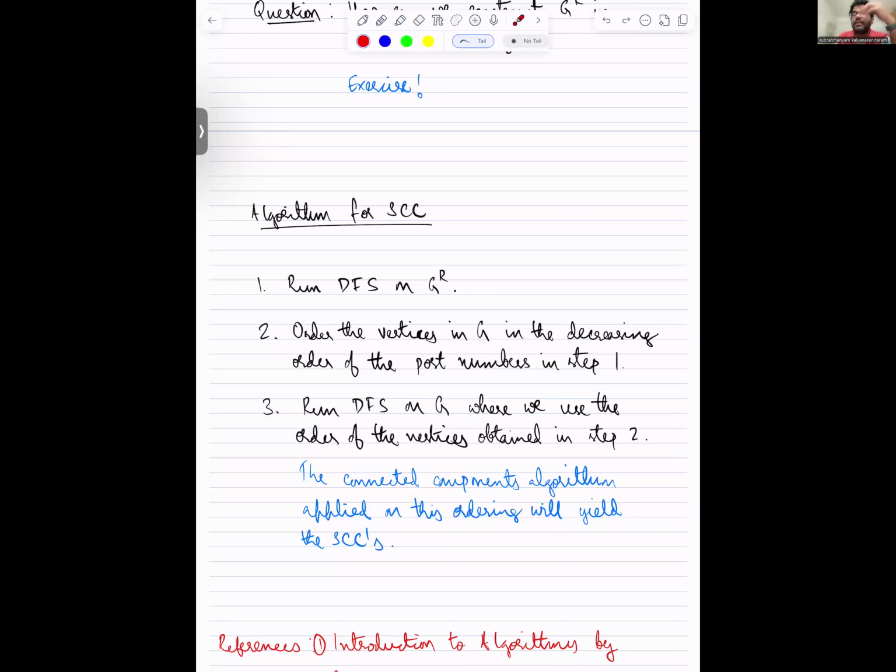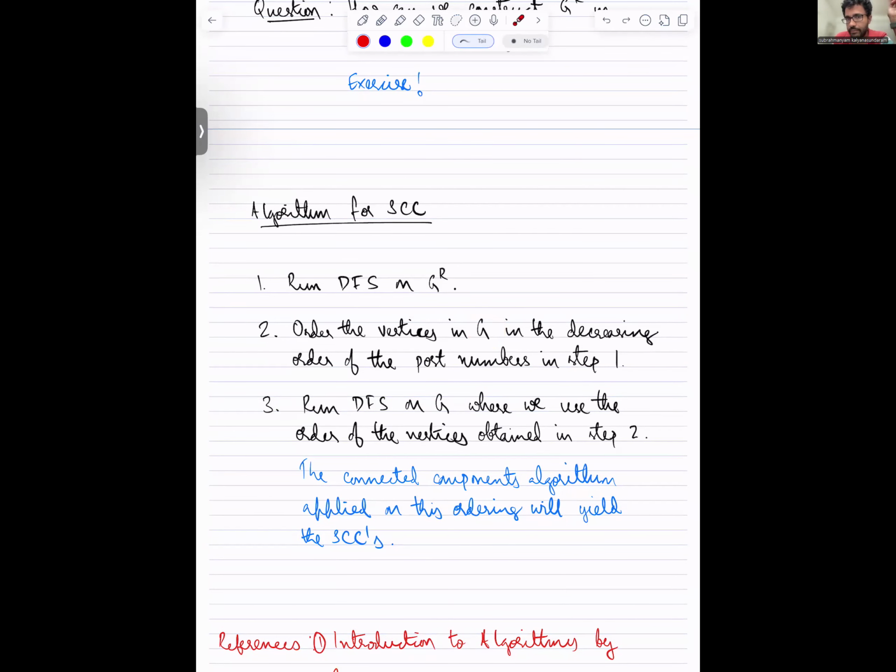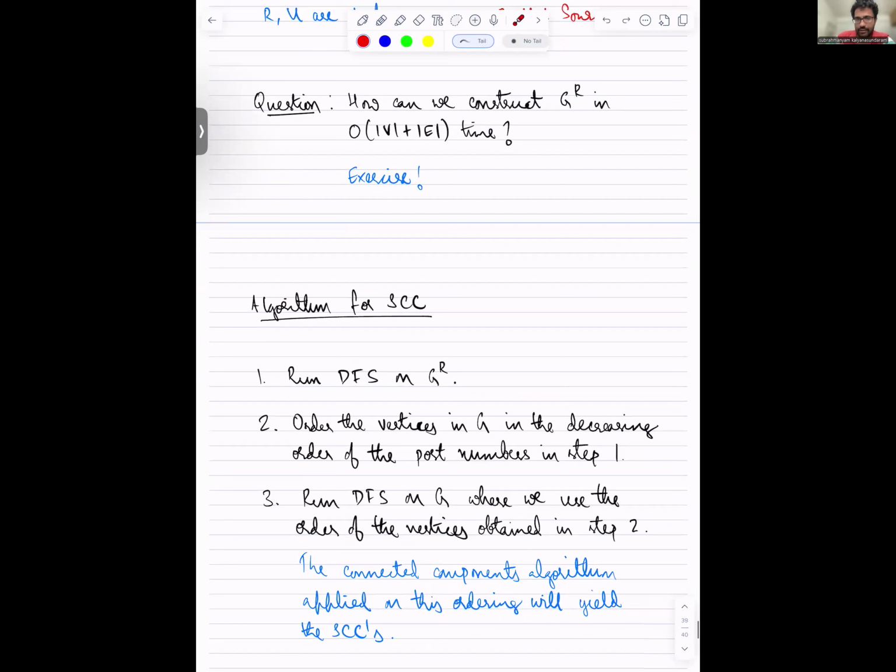Now we run depth first search in G, but now we have an ordering of the vertices. In our earlier examples, whenever we had multiple choices, we just did alphabetical. But now, whenever you have multiple choices, we will use the ordering that we recover here.